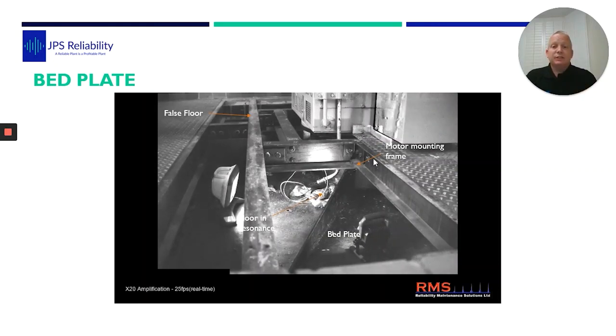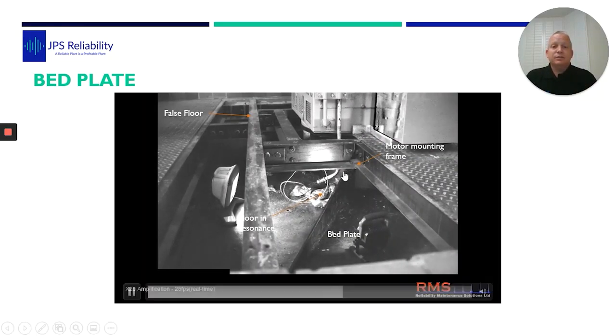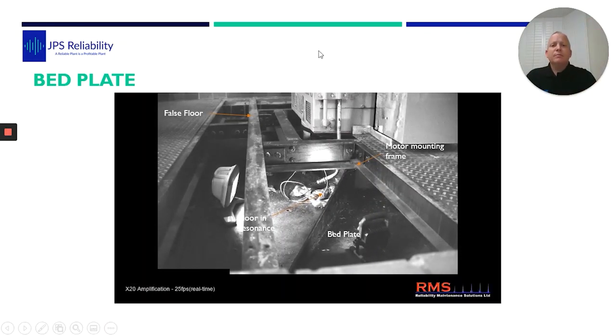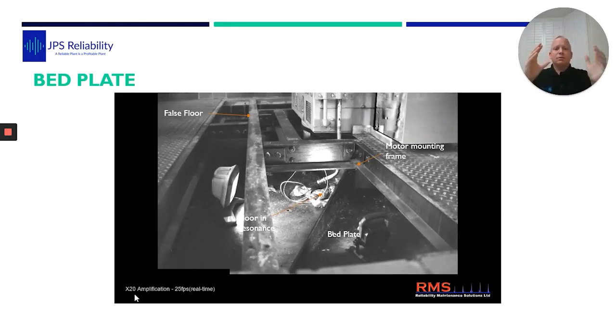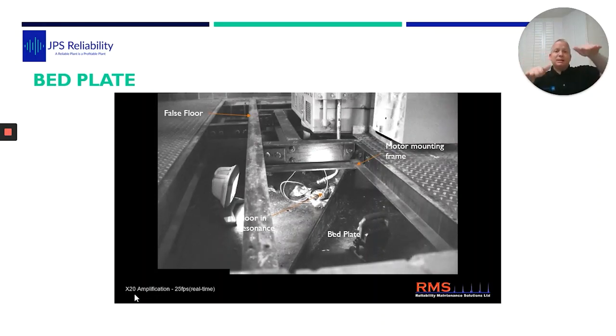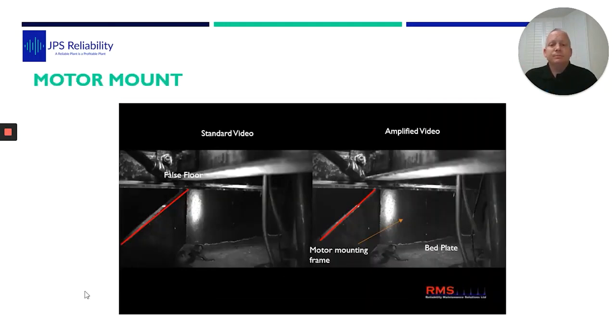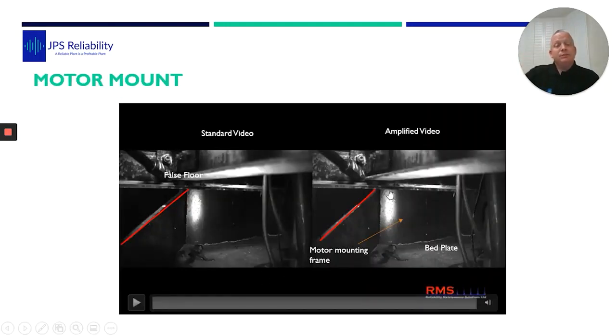Now you can actually see here, you can see all this flexing, and the motor here is trying to wobble. That's normal with our cardan moving, and then the motor's doing this, and actually the bed plate is twisting like this. Keep the camera underneath. So this is the webbing or the gusset.